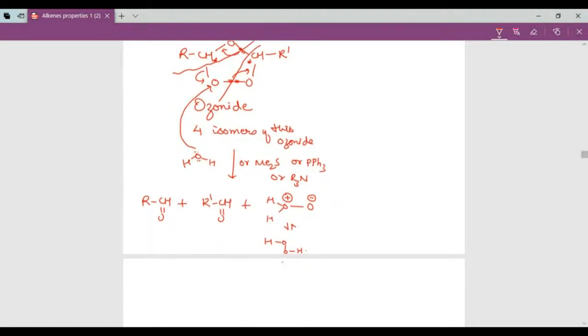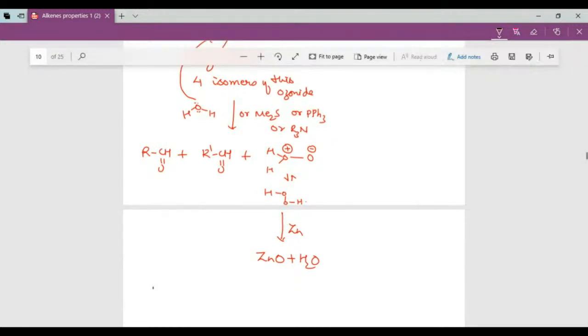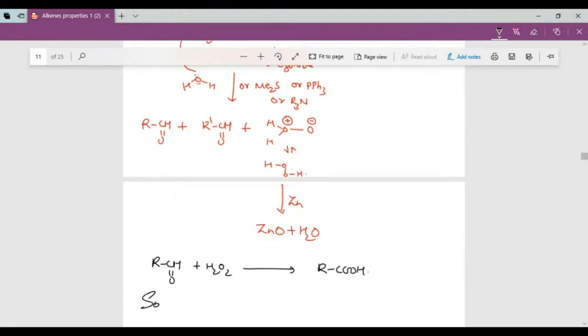If I do not consume this H2O2 with zinc, if I do not reduce it, then the aldehydes formed will be oxidized to acids. So H2O2 is removed, consumed by zinc.